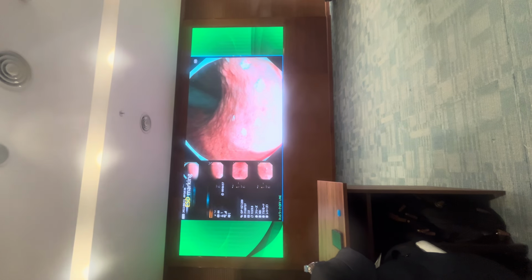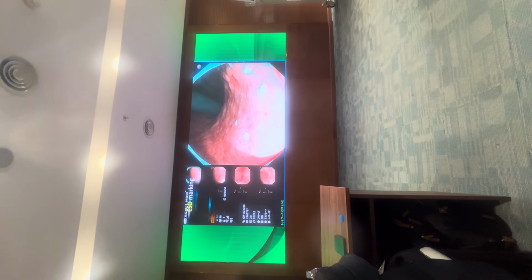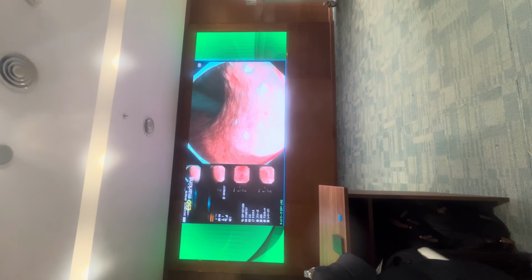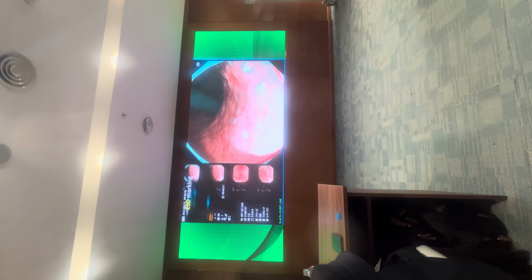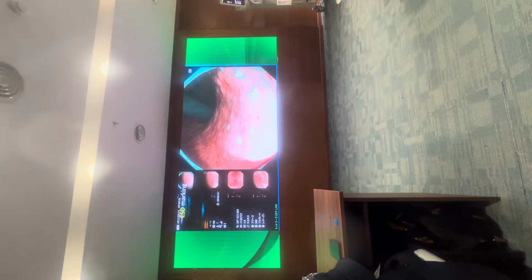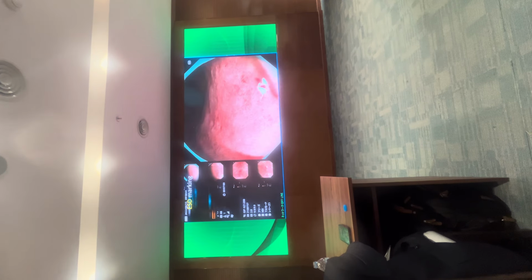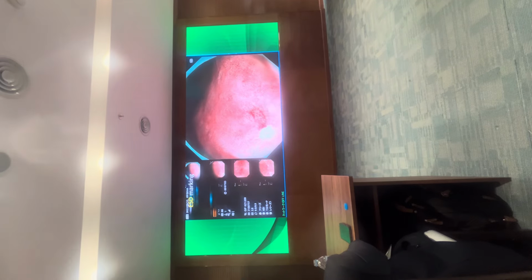I show a video just before ESD. This marking was created at lower magnification. This is a very difficult case.